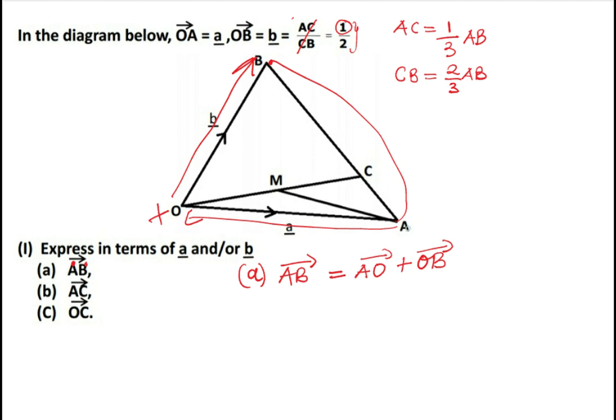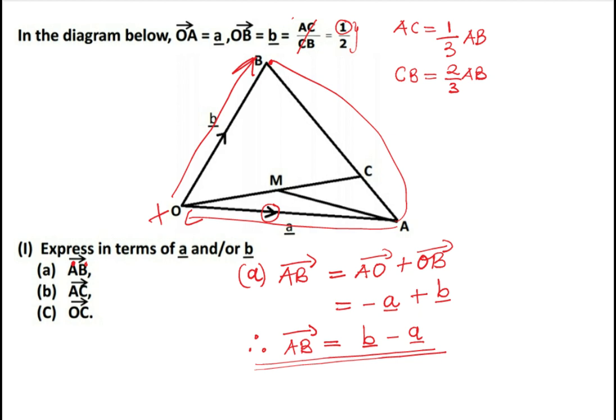But look at AO. AO is going in the opposite direction, because the arrow is from O to A, but here we have written AO. So this will be negative A, plus OB, which is just B. We can now conclude that vector AB is equal to B minus A. There's nothing much here to say. We are done.